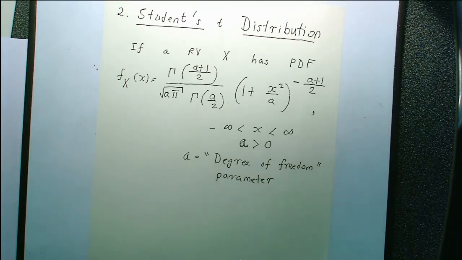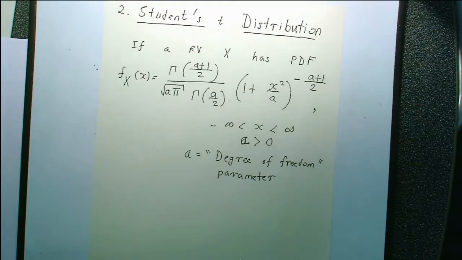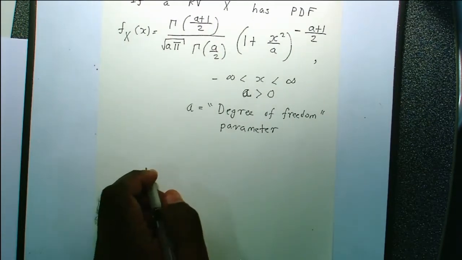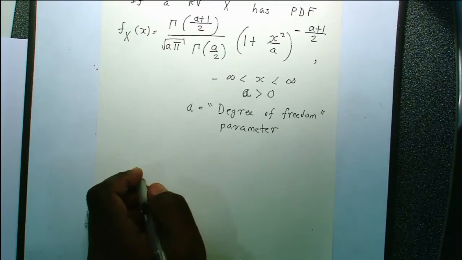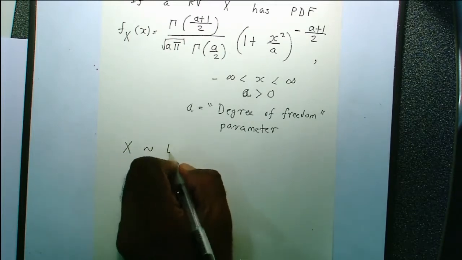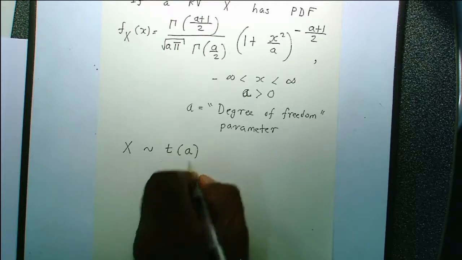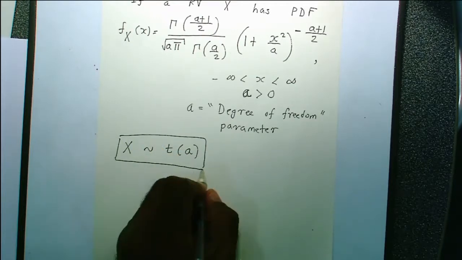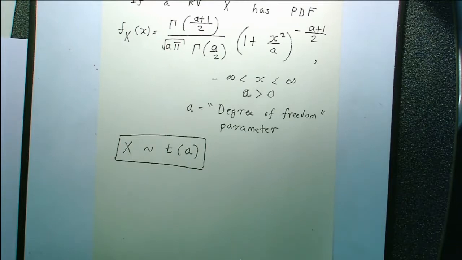The notation I shall use to denote a student's T random variable is x tilde T with degree of freedom A. This is the notation I shall use to denote a variable that has a student T distribution, right?